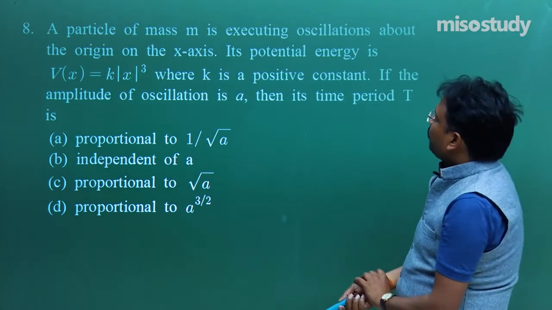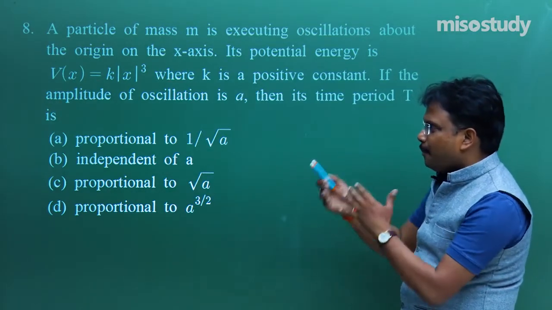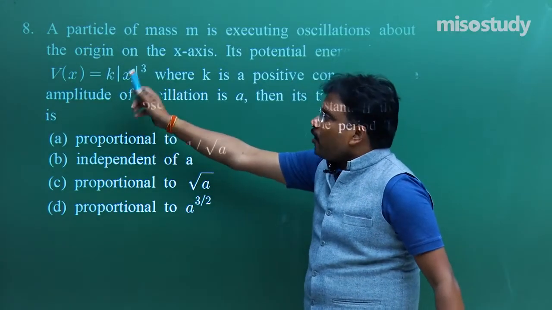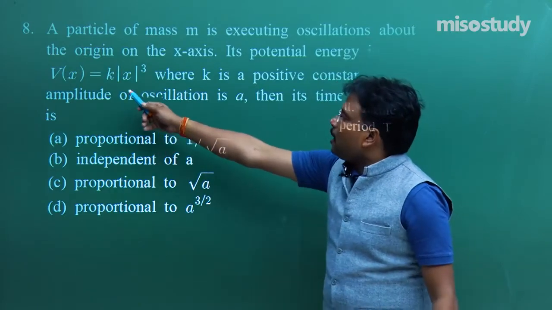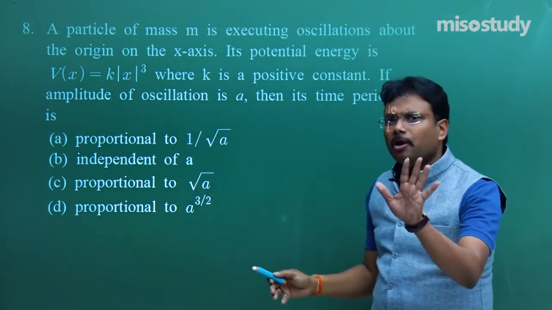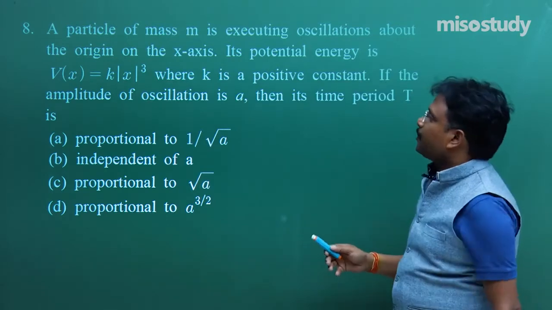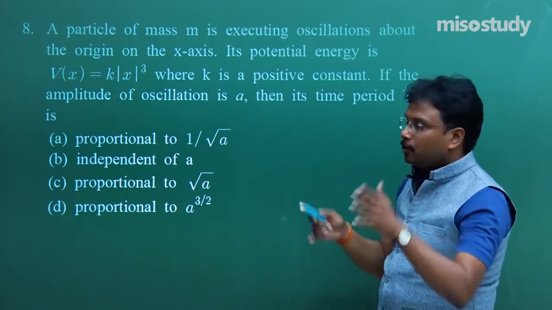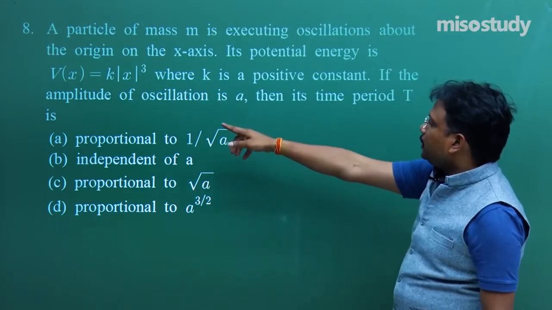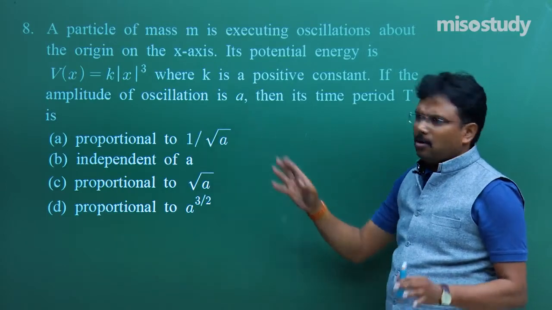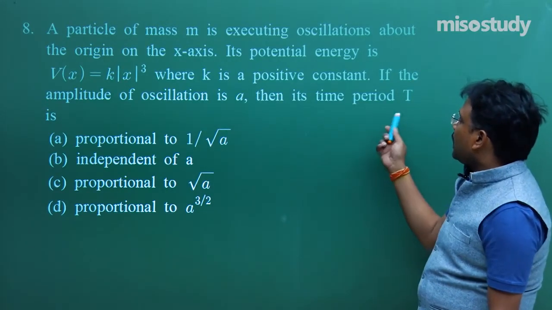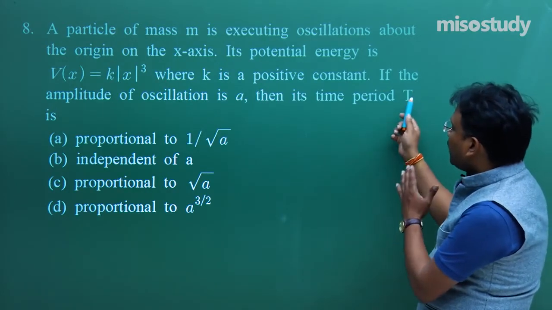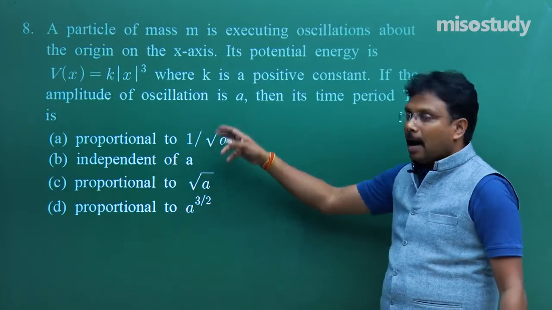Its potential energy is given by a slightly different mathematical expression, V(x) along the x-axis is equal to k mod of x cube. Mod means no need to consider the negative term, where k is a positive constant because it is outside of the mod, so that's why it is important to mention it. If the amplitude of oscillation is A, small a, capital A, doesn't matter, then its time period T is how much? So you have to find the time period in terms of amplitude.